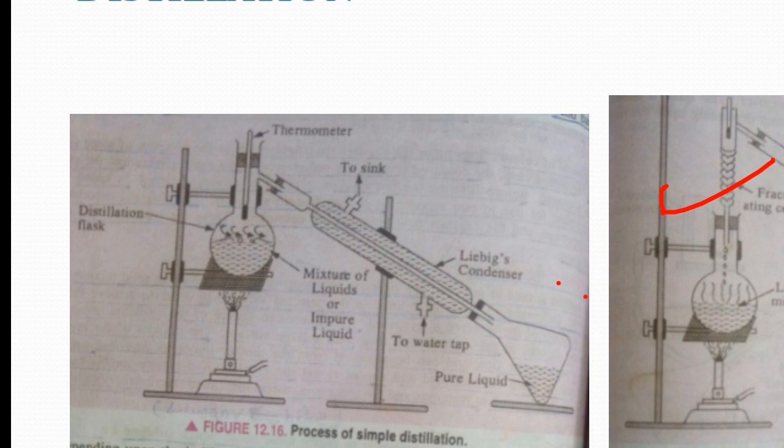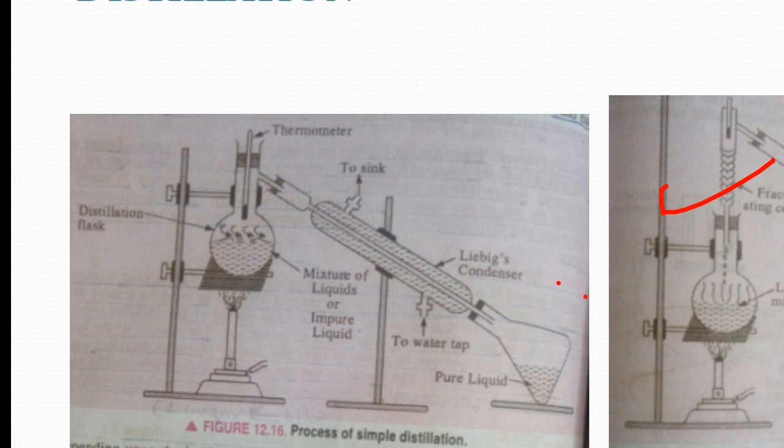So the vapors will lose their energy and convert into liquid state, and the liquid of that component will come into the receiver flask, that is pure liquid, and the component having the higher boiling point will remain in the distillation flask. So in this way we can separate two miscible liquids by simple distillation.